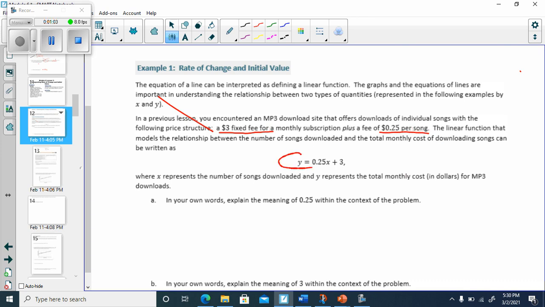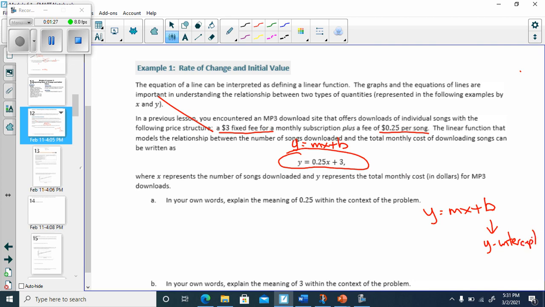So here is our actual equation for this. Now what we know is that this fits a linear equation. Y is equal to mx plus b. When we're talking about y is equal to mx plus b, b is your y-intercept. It's where it crosses the y-axis. It is also the beginning point.